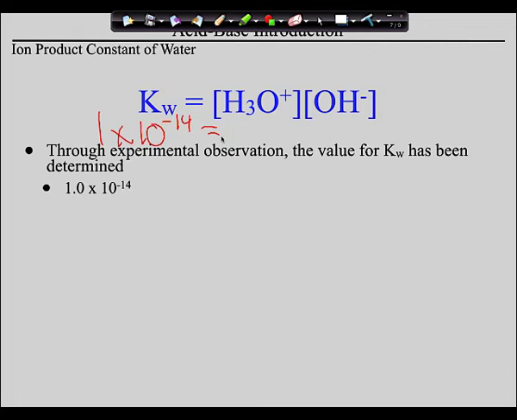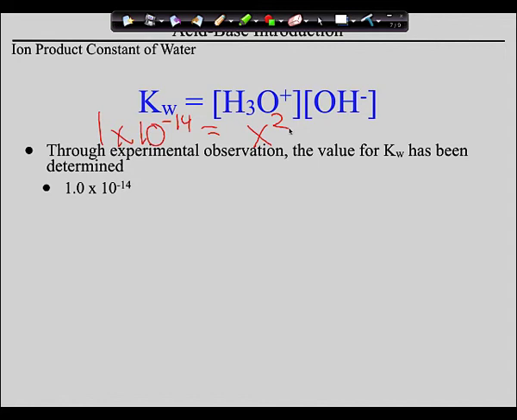And for every one of these that gets formed, what about this? One of those is formed. So these have got to be the same, which means we can call it x, and they're the same, so it's x squared. So what then is the square root of 10 to the negative 14th? 10 to the negative 7th.